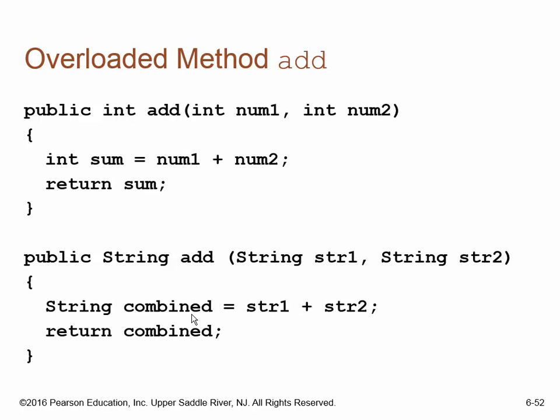We've got a method add, and in the first case, we're passing in two integers and adding them together. In the second case, we're passing in two strings and concatenating them together. But notice they both are called public add, even though the return types are different. The return types can be the same, but when you overload a method, what appears in the parentheses, your argument list, must be different.